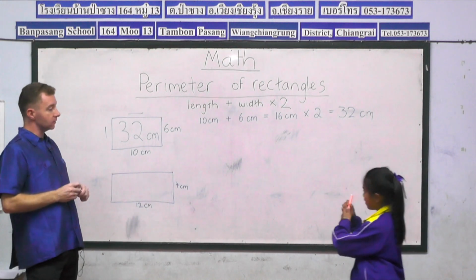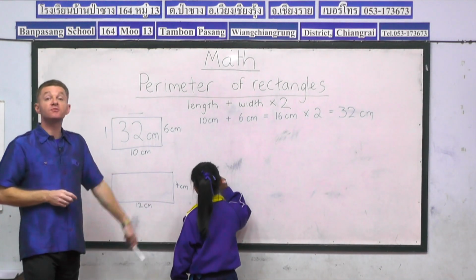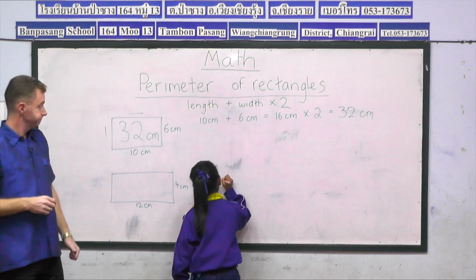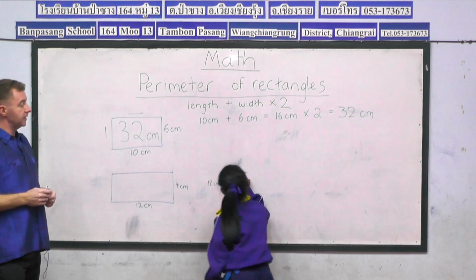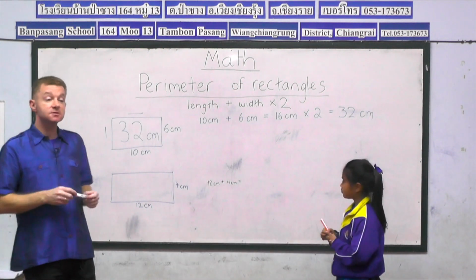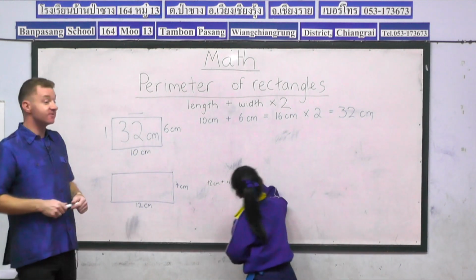Pak Bung, can you, using the formula that we've looked at now, work out the perimeter of this rectangle? So first of all, 12 centimeters plus 4 centimeters equals 12 plus 4, guys? 16 is correct. 16 centimeters.